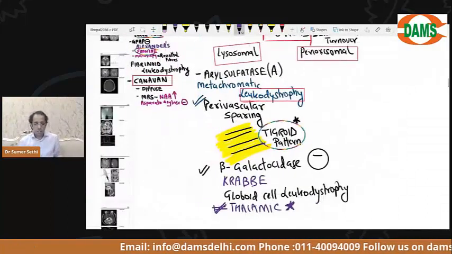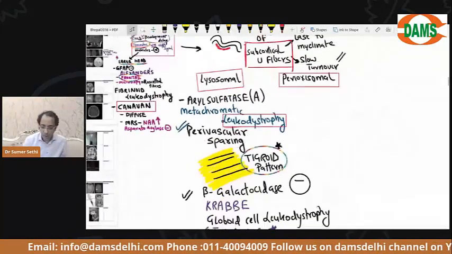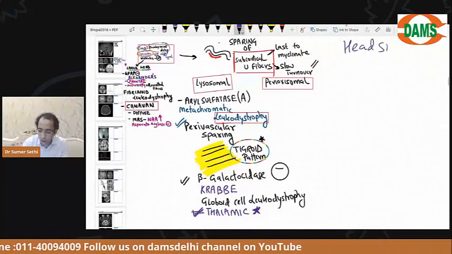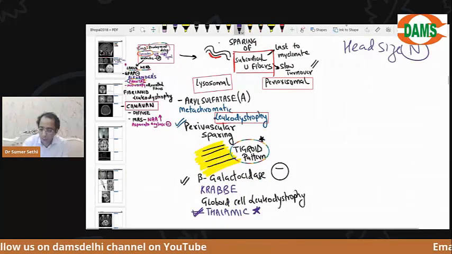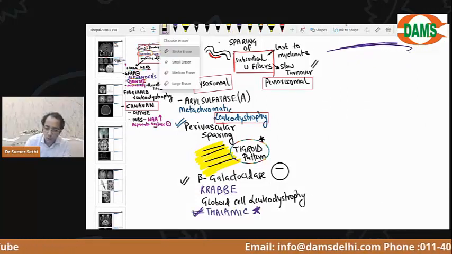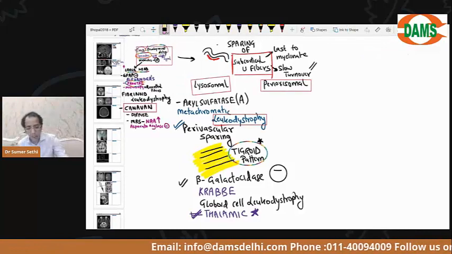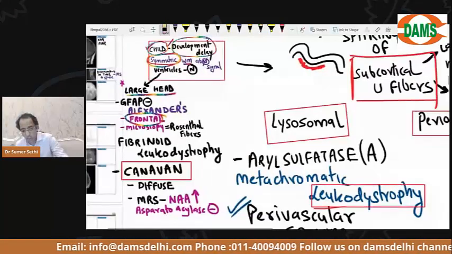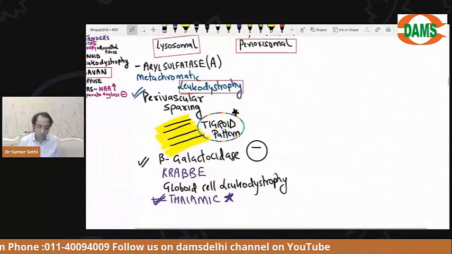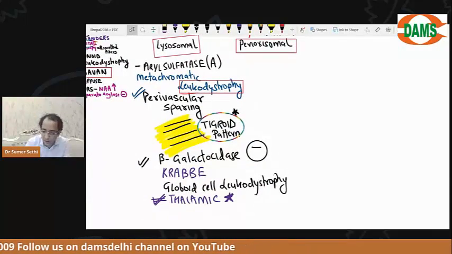In these diseases, the head size will be normal or small, but they will never write enlarged. So once they say head size enlarged, we go towards Alexander's and Canavan's. If they say subcortical U fiber sparing, I go towards metachromatic leukodystrophy and Krabbe's disease.